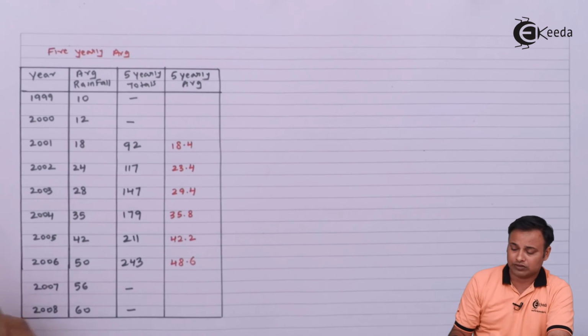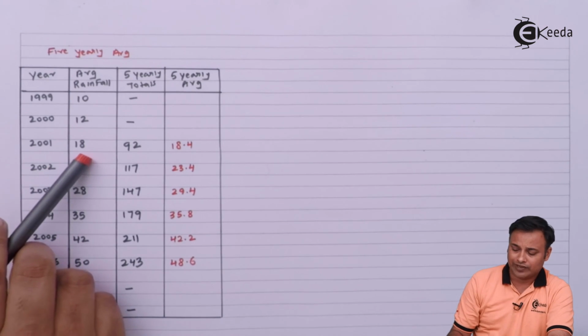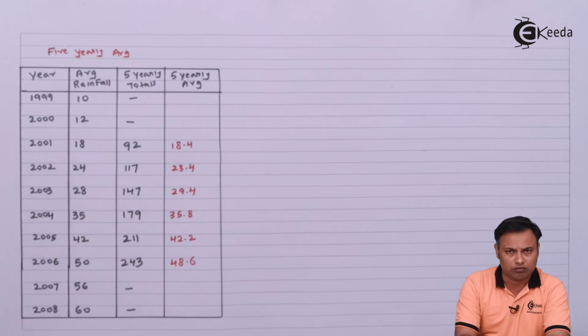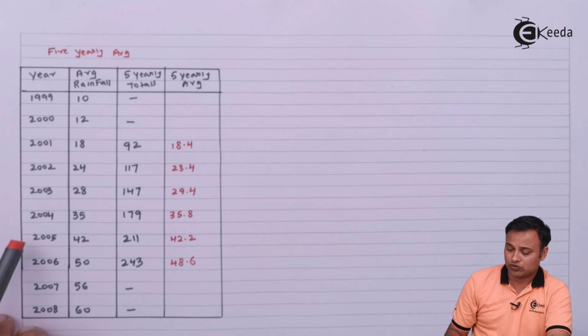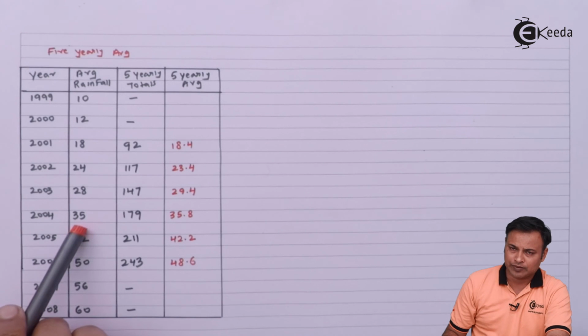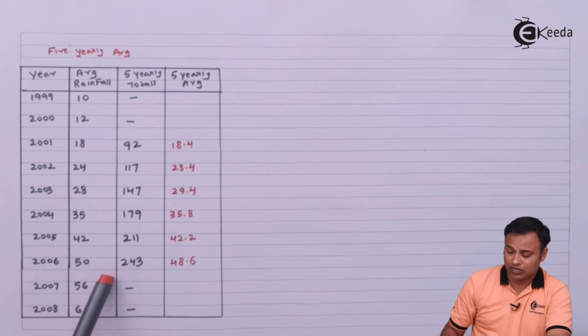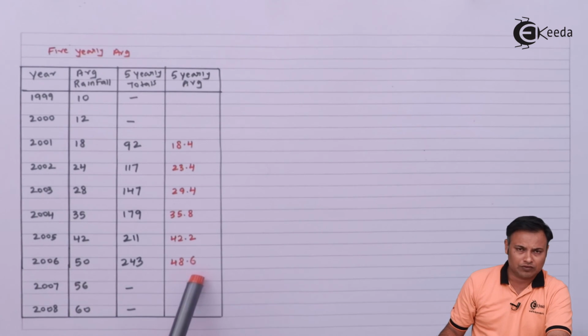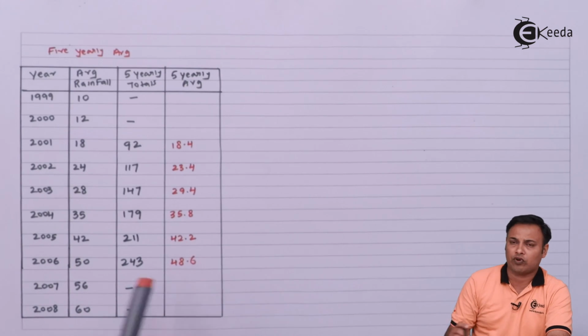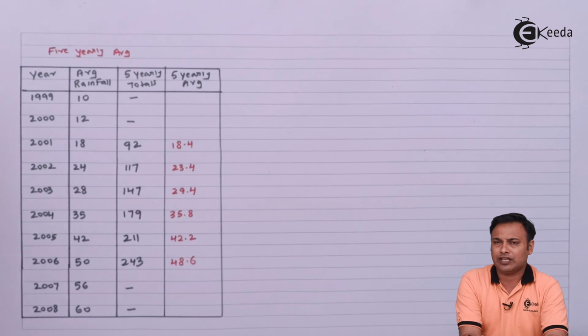For example, in 2001 the actual rainfall is 18, but as per the trend we get 18.4. For 2004 the actual is 35, but as per the trend it is 35.8. For 2006 the actual is 50, whereas according to the moving averages it should be 48.6. So this indicates the trend. We can establish a clear trend by using moving averages to calculate the various estimates.